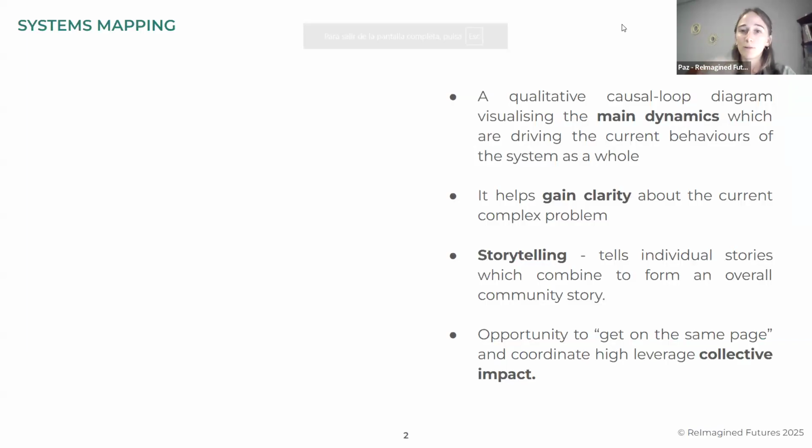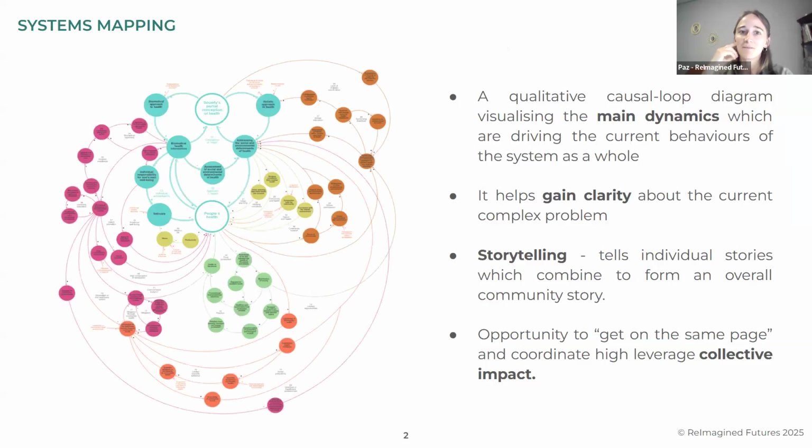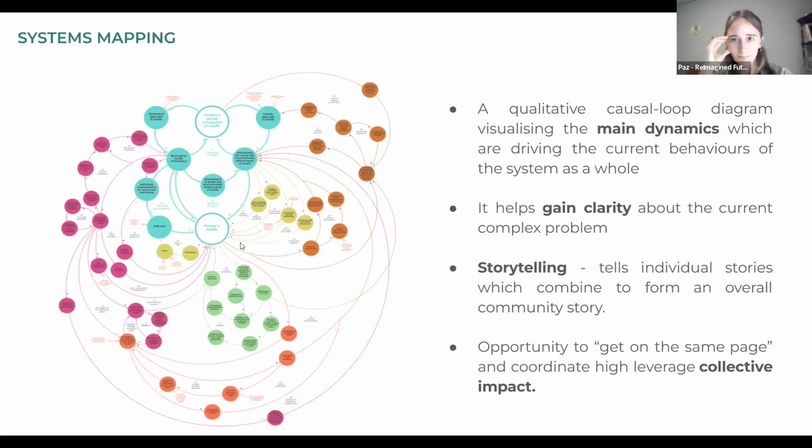So, well, I will go quickly through this, but a systems map is this beautiful visual, which represents a qualitative causal loop diagram. Sorry, do you all see my screen there, right? Yes. Okay.